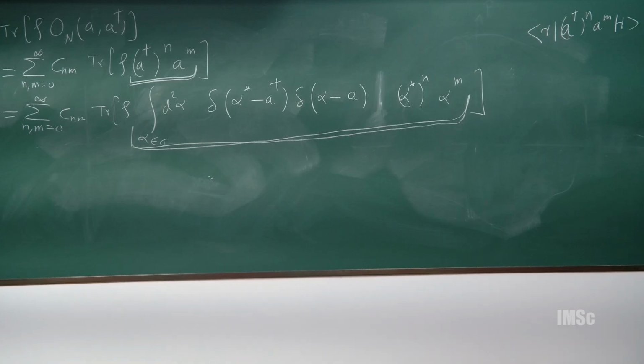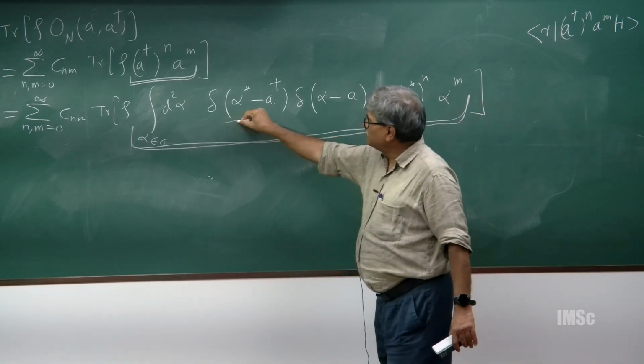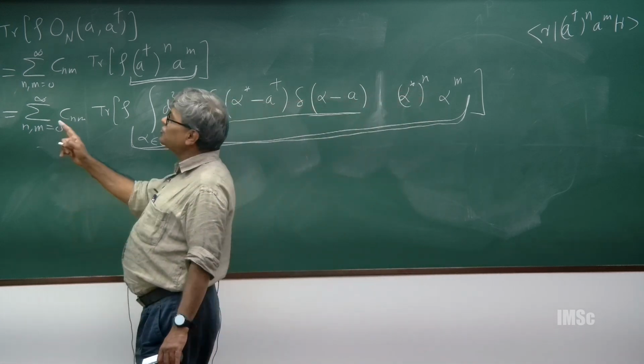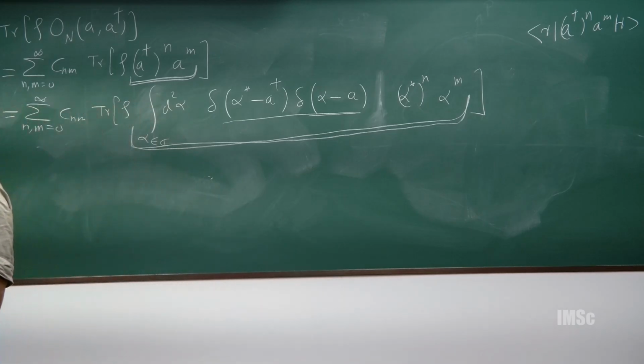Should there be an alpha bracket there? No, because this is an operator. I should have used a hat for A and A dagger, but you assume it.